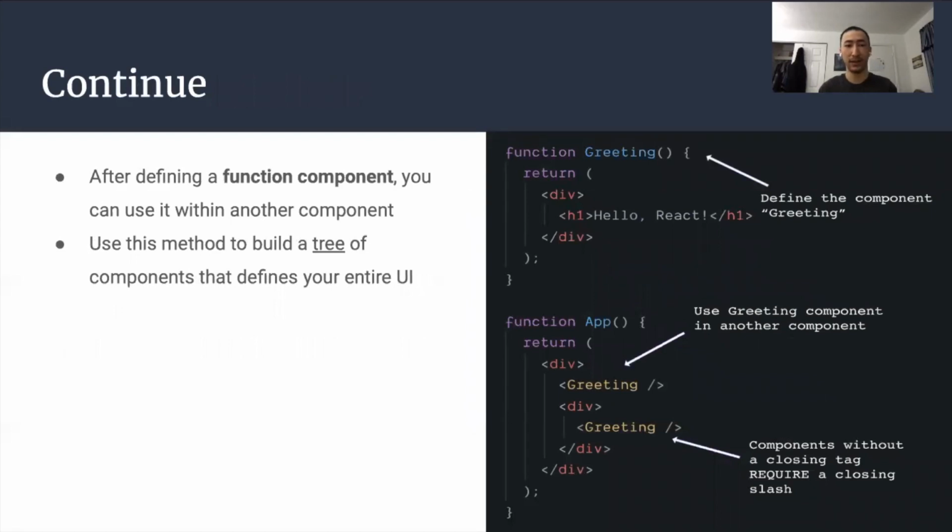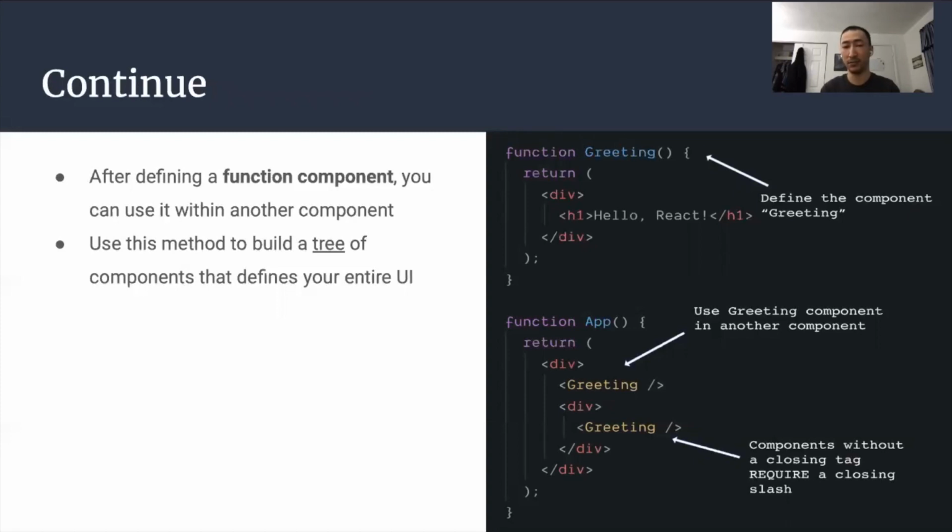After you define a function component, you can use it within another component. If you take a look at this example here, we have a component called greeting, and it is returning hello React text in an h1 HTML tag. And we have another React component called app, and it can use the greeting component by wrapping it in brackets.